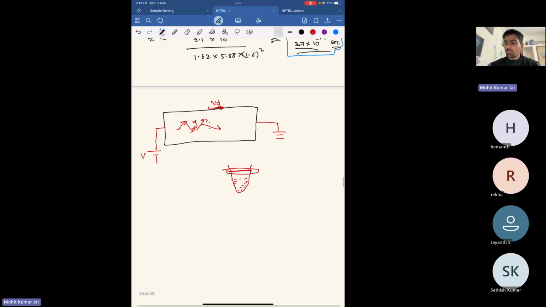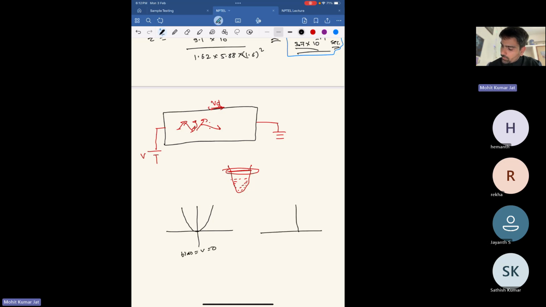So the Drude picture is not very right, but addressing your question, if you apply a bias, what will happen in this picture? Initially the bias is equal to 0 and the states are filled till this point.